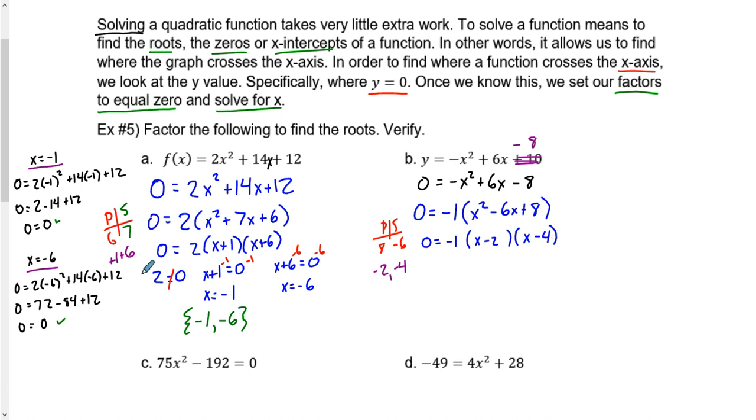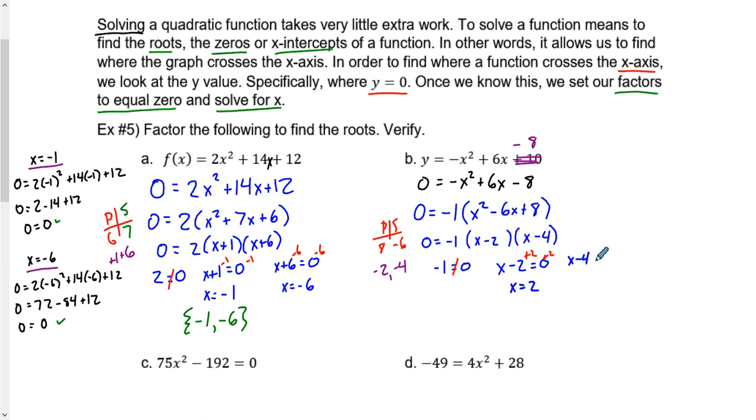Of course, just like we had done over here, -1 for sure does not equal 0. Well, X subtract 2 could potentially equal 0, as we could add 2 to both sides, and X would equal 2.